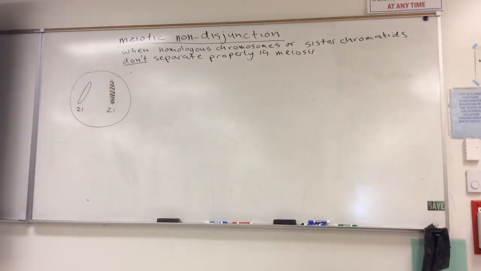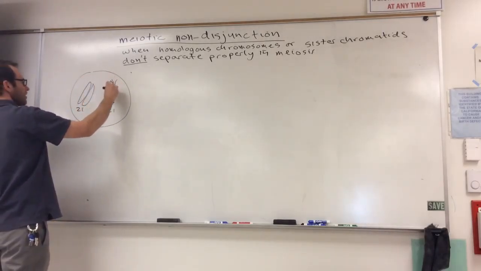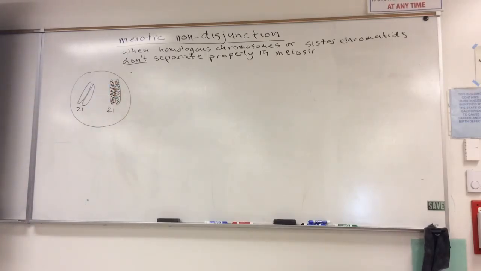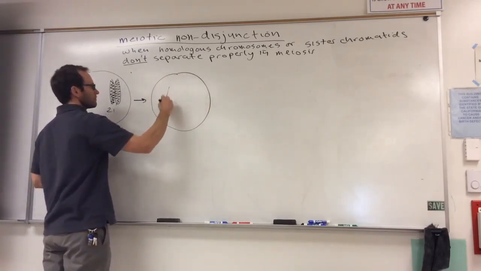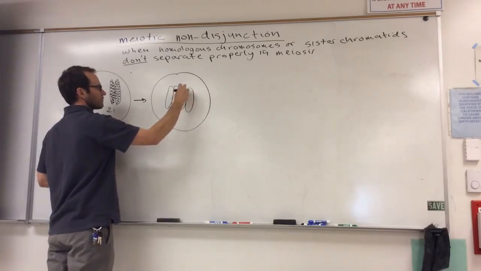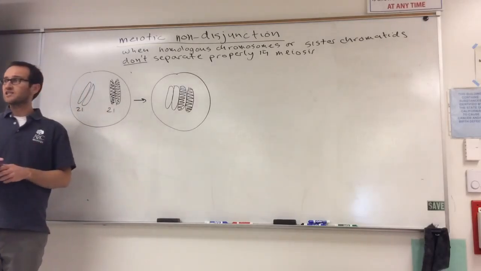So there's our cell with a pair of homologous chromosomes, chromosome 21. Okay, we will make our sister chromatids for it. We will line them up as a tetrad. And we'll homologously recombine them.